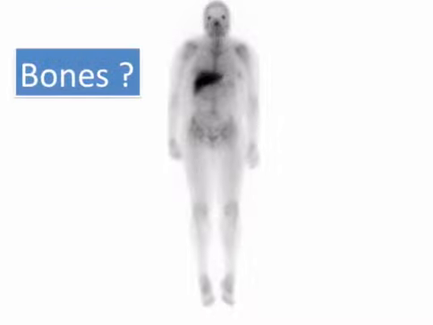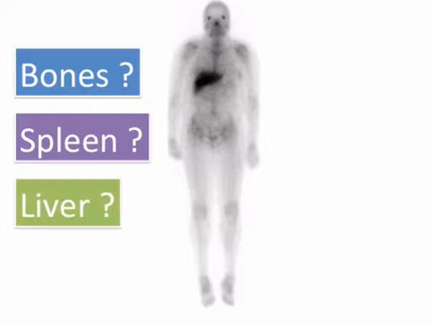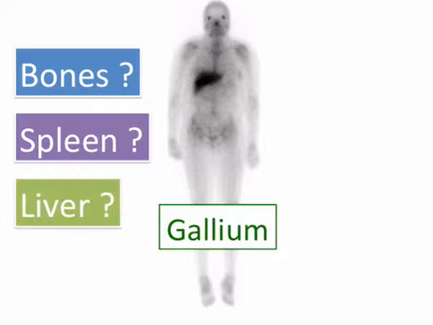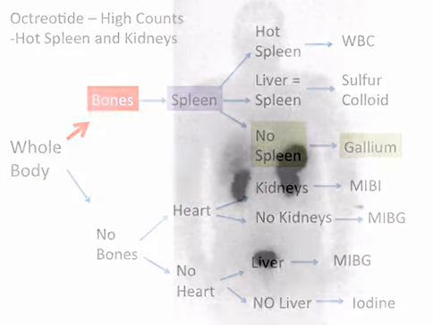All right, next case. Bones, yes or no? I would say yes, right? What about the spleen? Doesn't have one, right? What about the liver? Well, just not having a spleen itself does everything you need to do, right? So we got this answered. It does have salivary gland uptake, so that's gallium. Boom.